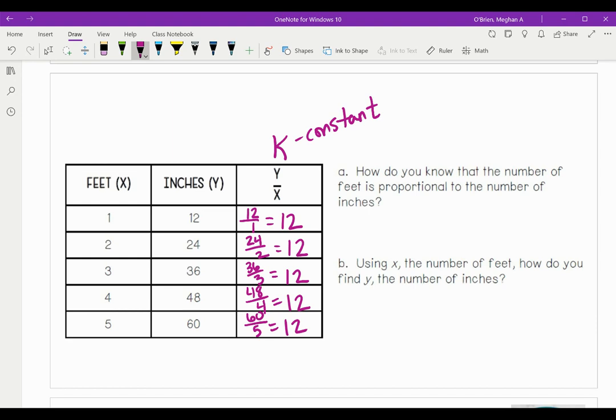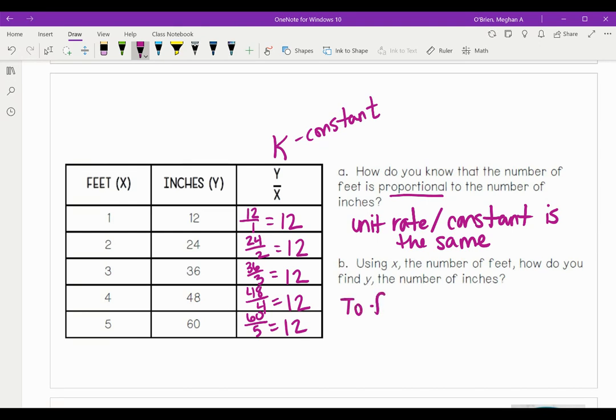So how do you know that the number of feet is proportional to the number of inches? Well, the unit rate, or the constant, is the same, and they're all equivalent rates. So using x, the number of feet, how do you find y, the number of inches?